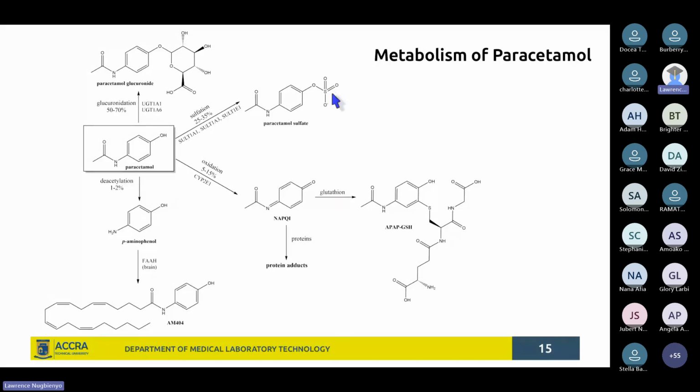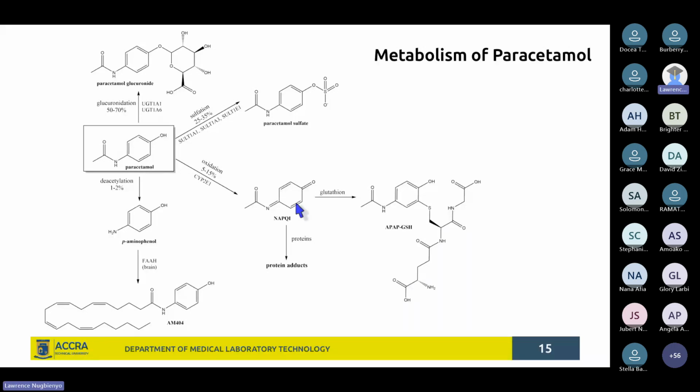And here, very good, we are seeing one of the cytochrome P450 enzymes involved in oxidation of paracetamol. About 5 to 15% of the drug gets oxidized into a benzoquinone. This is N-acetyl benzoquinone.